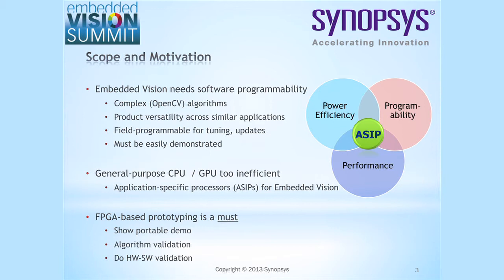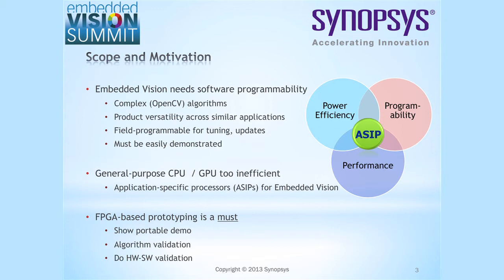And that with application-specific processors called ASIPs, or I think in the previous talk in the other track, ICEs, you can get speed-ups going from 10 to 100 to 1,000 times, or you get a power reduction on the same order of magnitude. The FPGA prototype is a must.